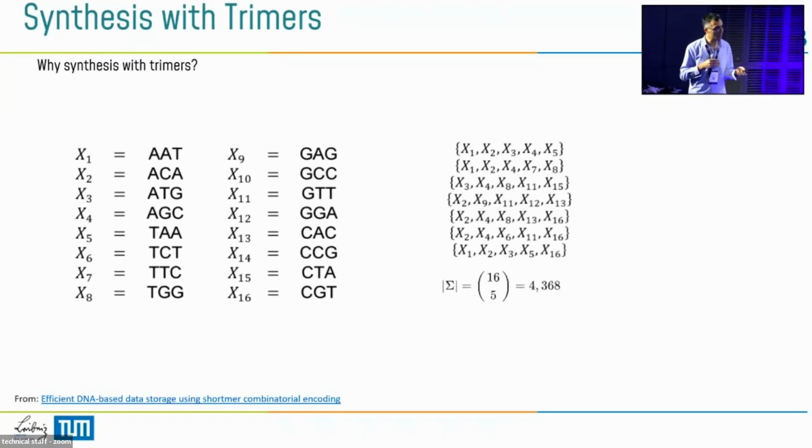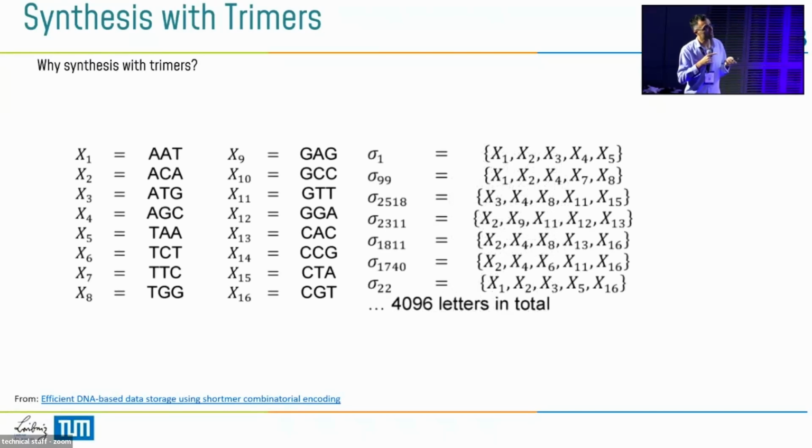In this case, when we convert digital data into DNA, we can convert each 12 bits into 1 letter, and in the end, exactly 4,096 letters are available for us when we convert the data from digital data into DNA. So it makes it way more dense when we are storing the data.